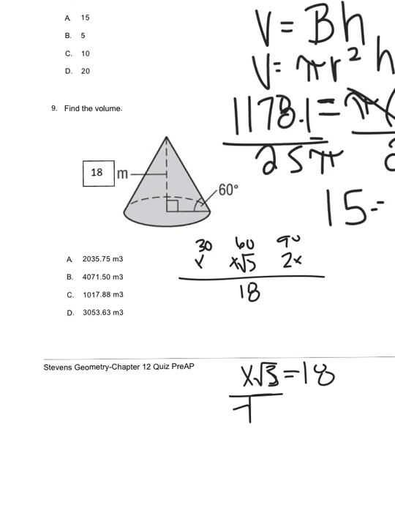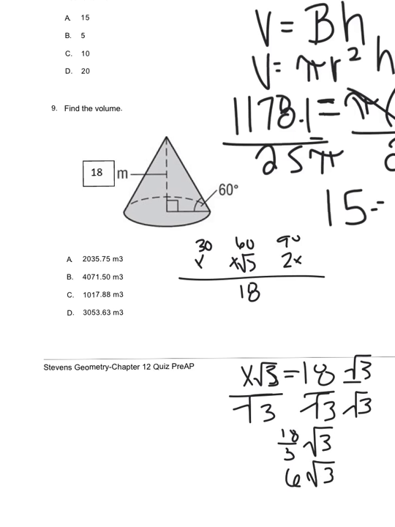Well, I divide by square root of 3. I can't leave a radical on the bottom. That's 18 over 3, square root of 3. That's just to show some work. 6 square root of 3. So there's my radius.